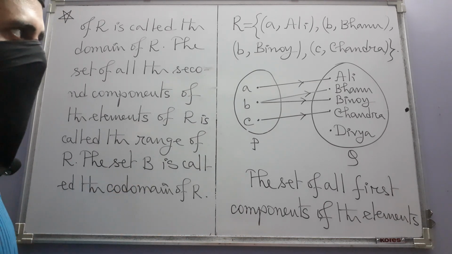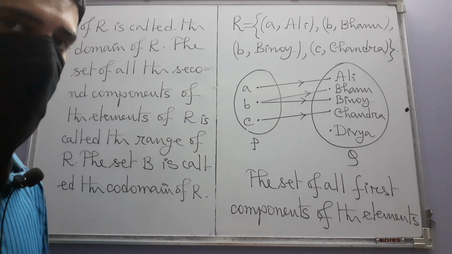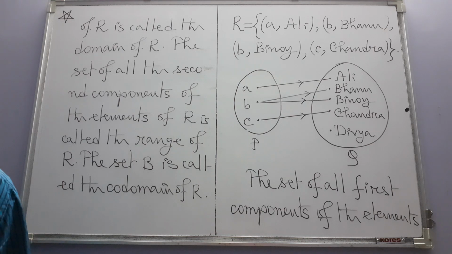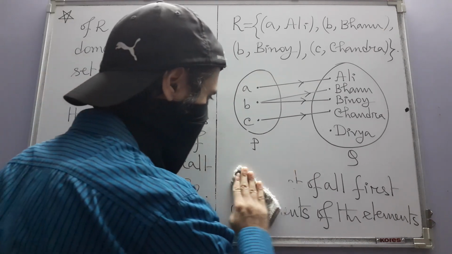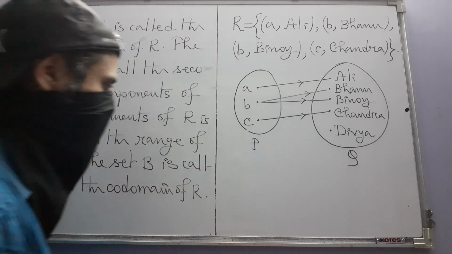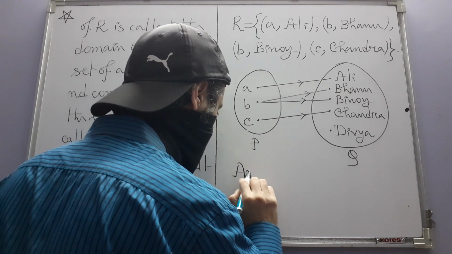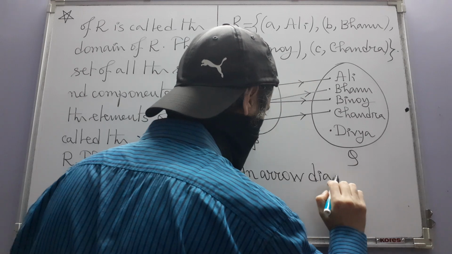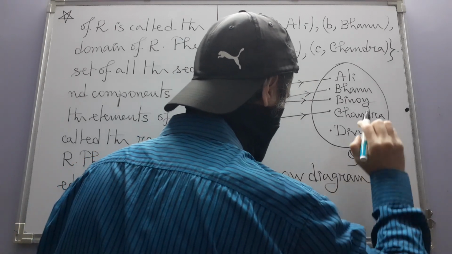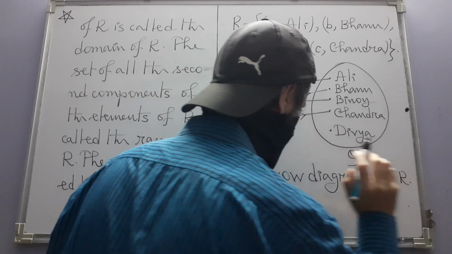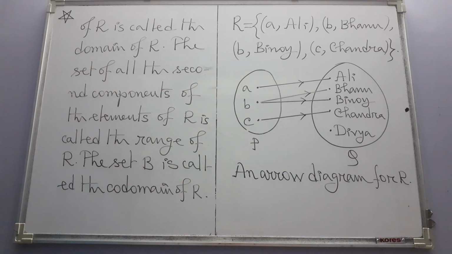And such a diagram is called an arrow diagram for the relation R. So the above drawing is an arrow diagram of R or for R. It's a visual representation of the relation.